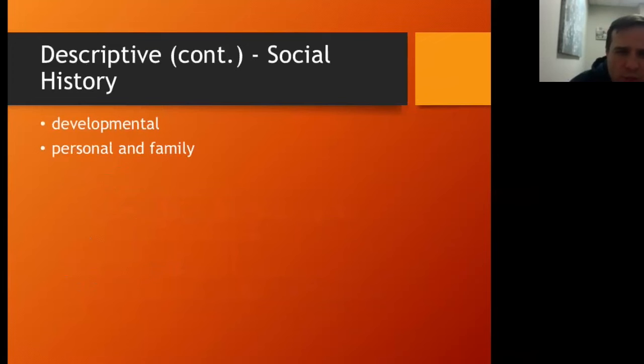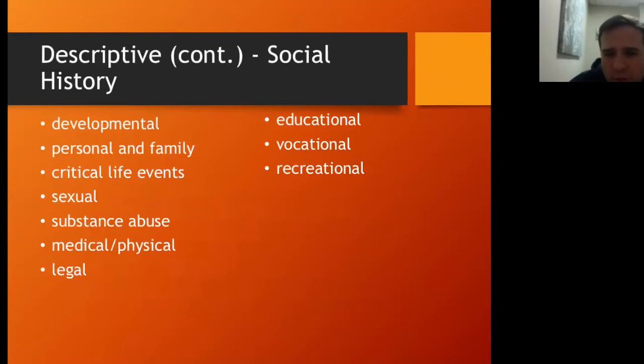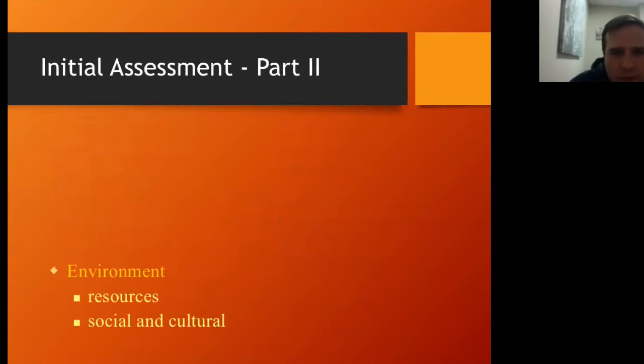So this is the descriptive, the social history: developmental history, personal and family, critical life events, sexual history, substance abuse, medical, physical, legal, educational. You'll notice most of these come directly from the biopsychosocial material we talked about last time. Then we get into the actual assessment piece: the environment, resources, social and culture.